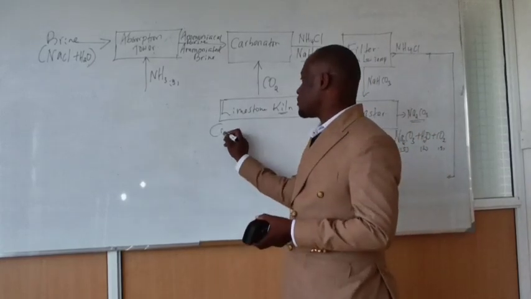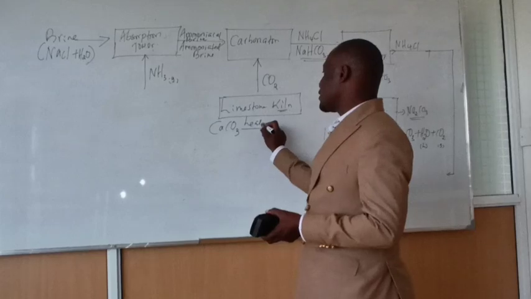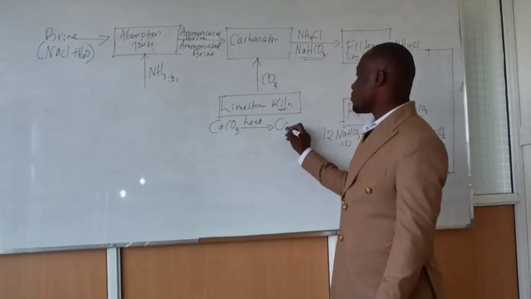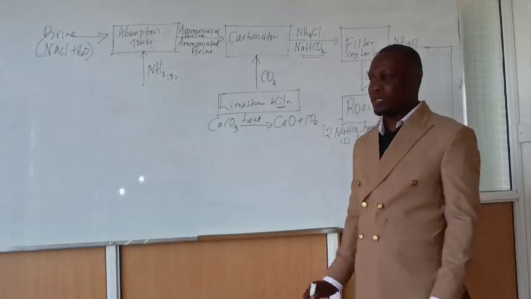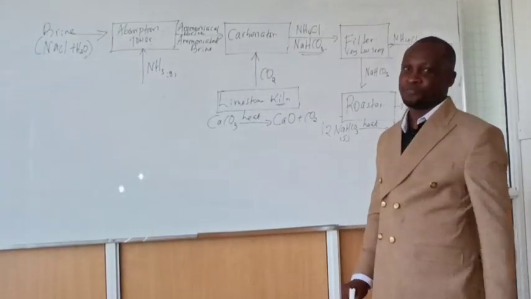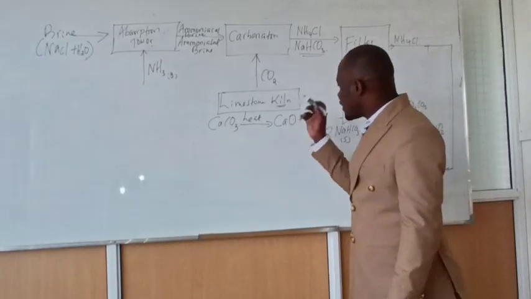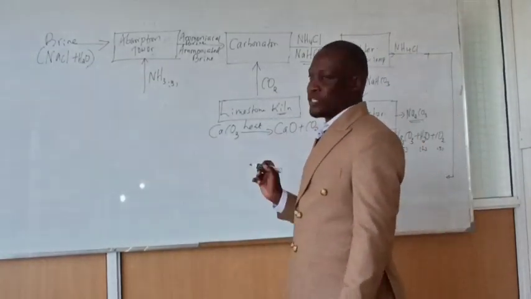Calcium carbonate, when exposed to intense heating, will decompose to form calcium oxide plus CO2. This CO2 you're seeing here is what goes to the carbonator.